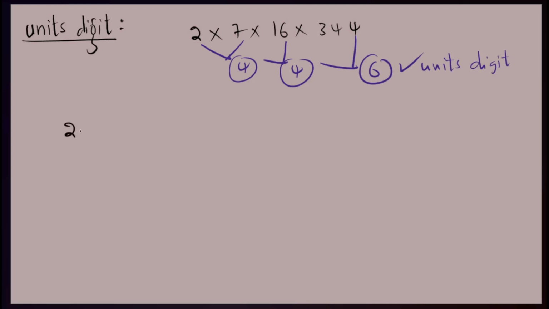Sometimes your question would be like 247 into 345 plus 642 into 349. In such questions, please remember that you have to follow the BODMAS rule.